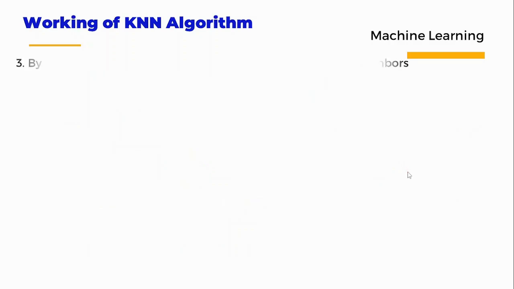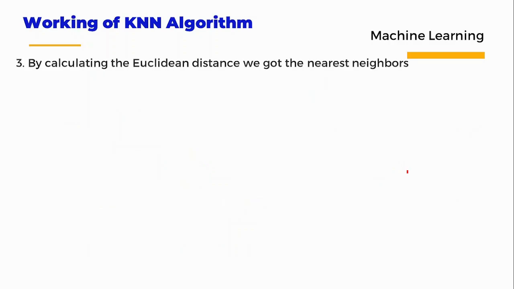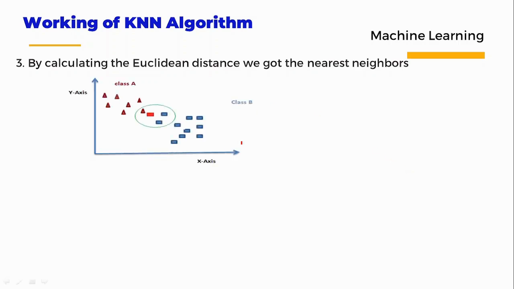After calculating the Euclidean distance, we get the nearest neighbors by selecting the closest points. The number of points to be considered is determined by the value of k. Here, as we have taken k equal to 3, these 3 points are considered as the neighbors of this new data point.